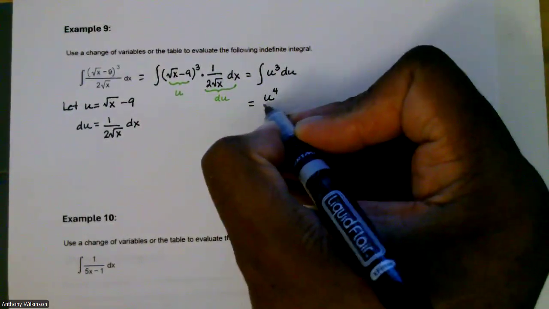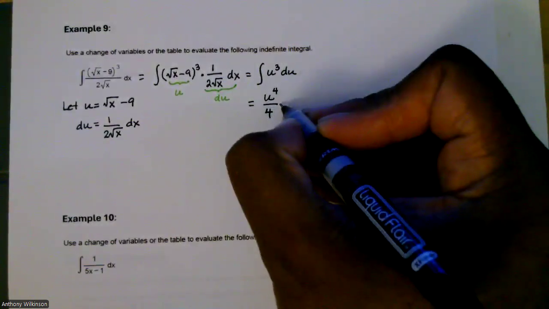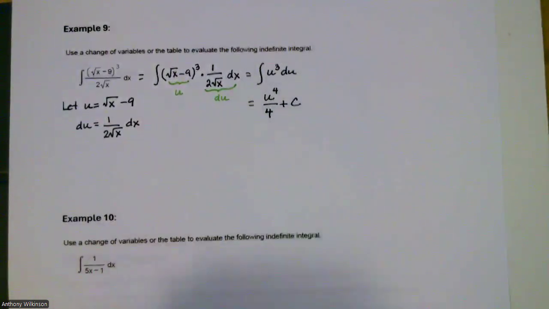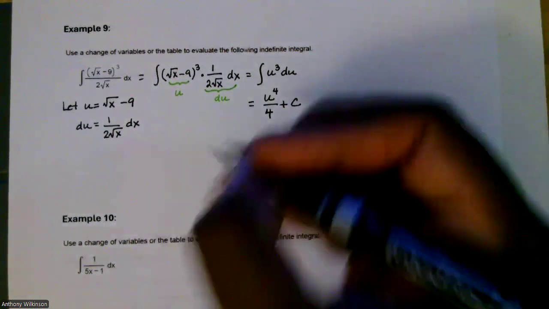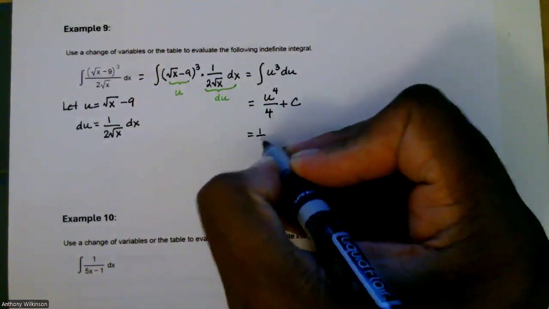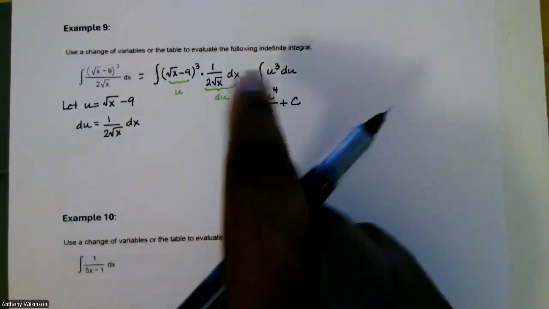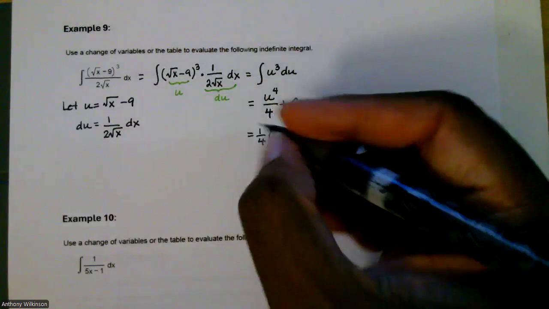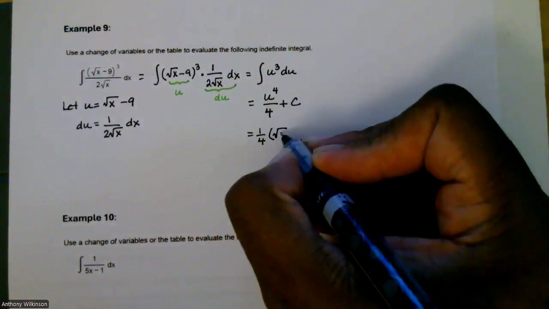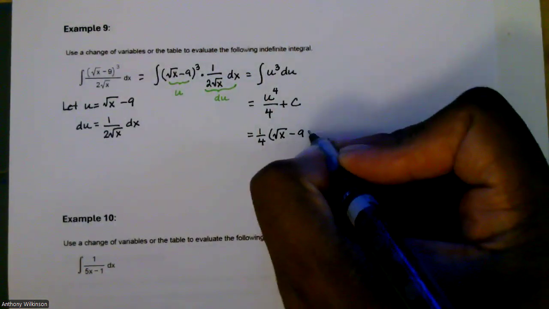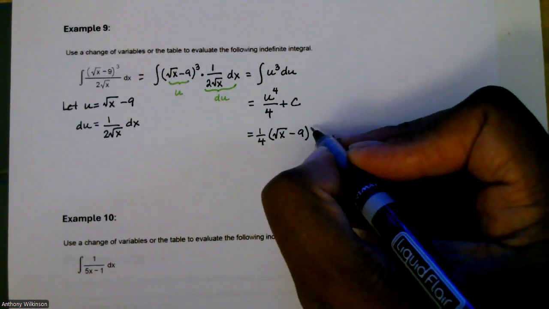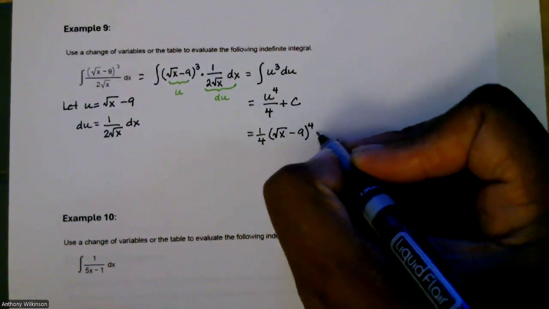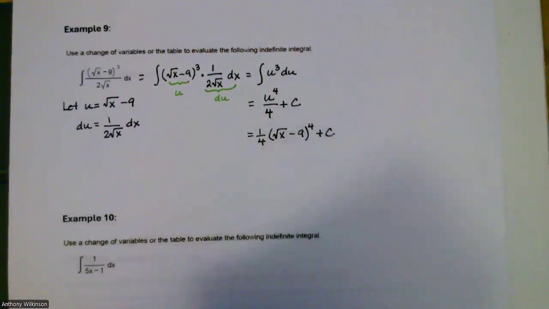So it'll be u raised to the 4th, divided by the new exponent of 4. And then, of course, it's an indefinite integral, so we use the plus c. Now we can do the back substitution here. I'm going to write this as 1/4 times that u, we let u equal to the square root of x minus 9, raised to the 4th plus c.